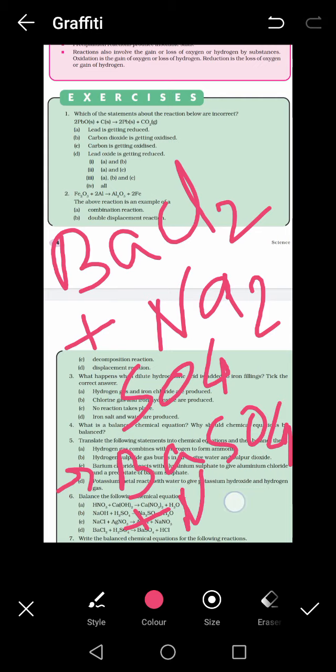This is the balanced form, with 2 NaCl, and they become balanced. So go to the next question.